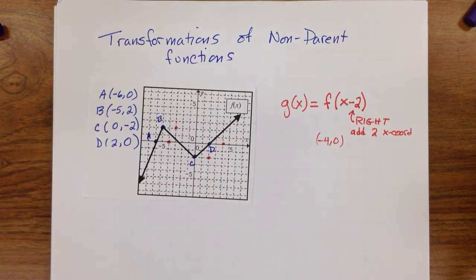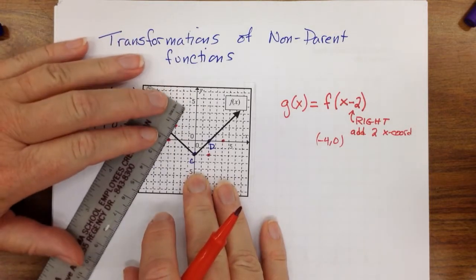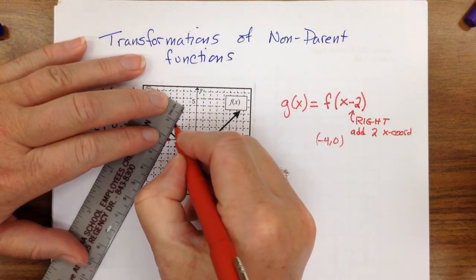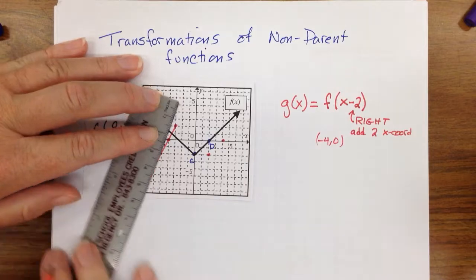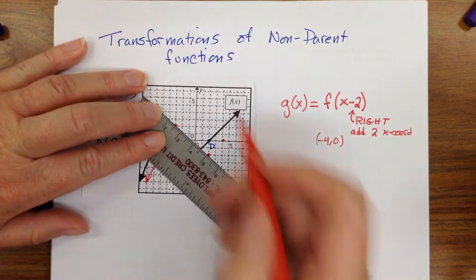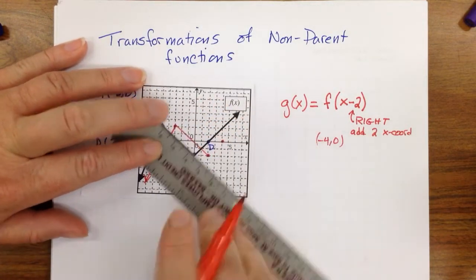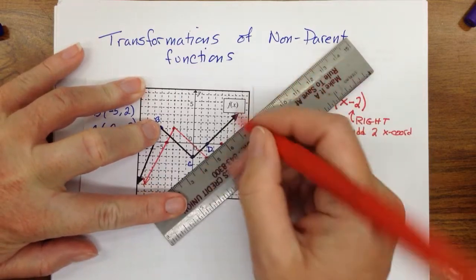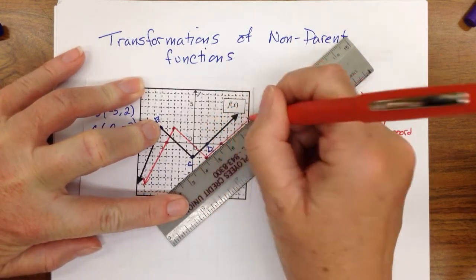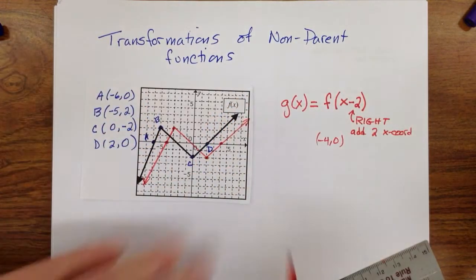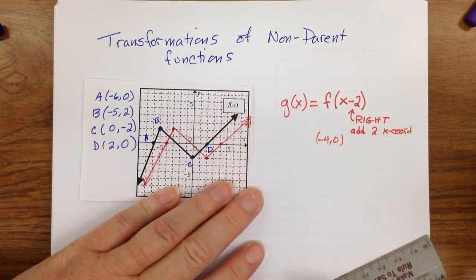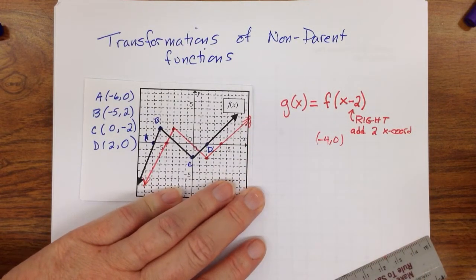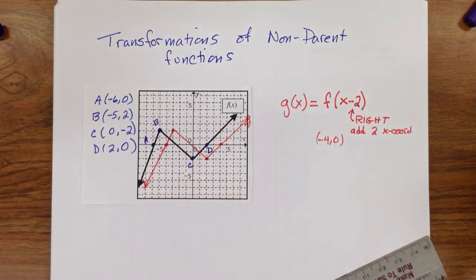And if you want to get all kinds of fancy, you can use your ruler: ray, segment, ray. All right? And that would be the g graph. That's not so bad. Not at all. And if I'd done it neater, it would even look the same.